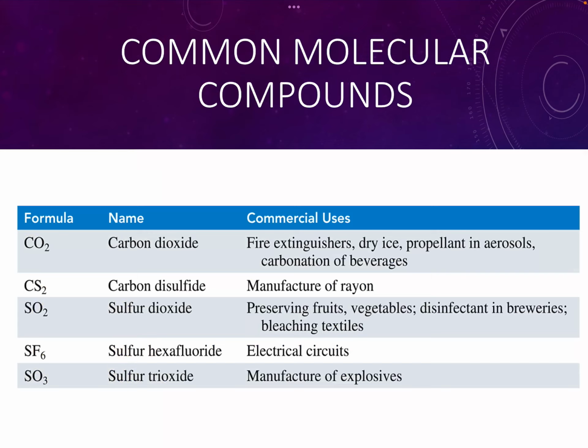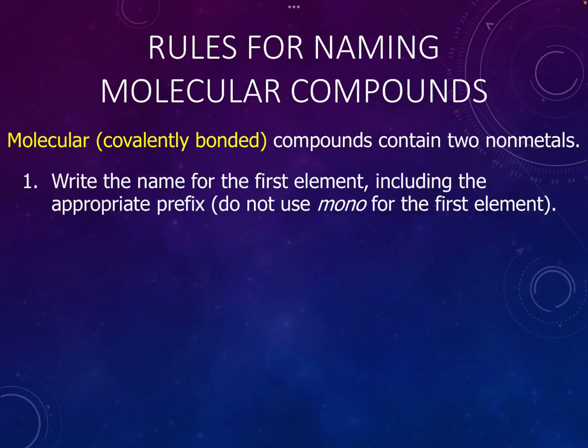Carbon dioxide is used in fire extinguishers, dry ice, which is really fun, and your carbonated sodas, right? Sulfur dioxide is used in preserving fruits, which is really common around here, and also vegetables. It's used as a disinfectant in some breweries, which is interesting. And so we've got a lot of molecular compounds that are used very, very commonly.